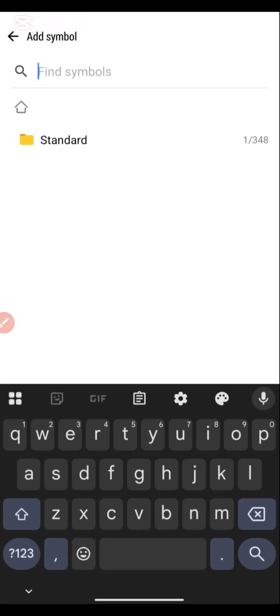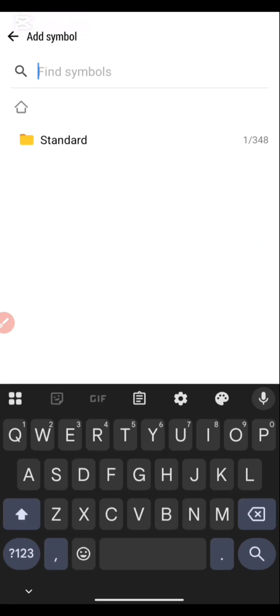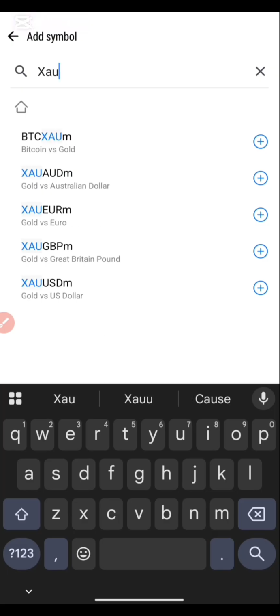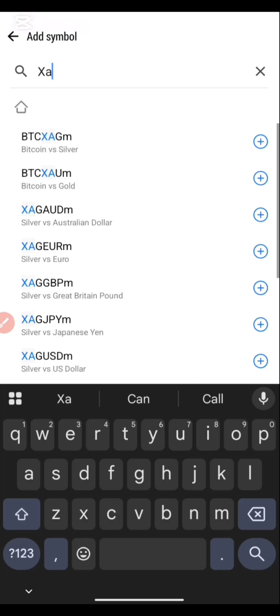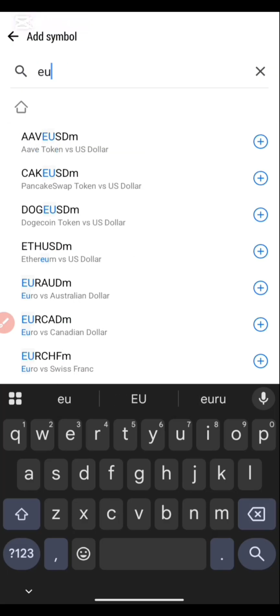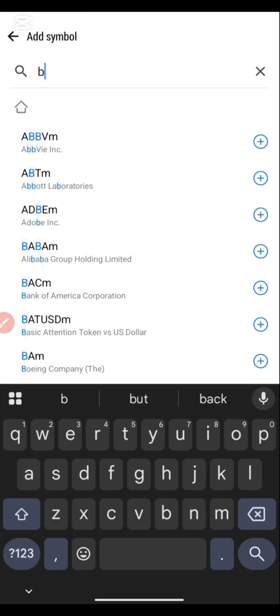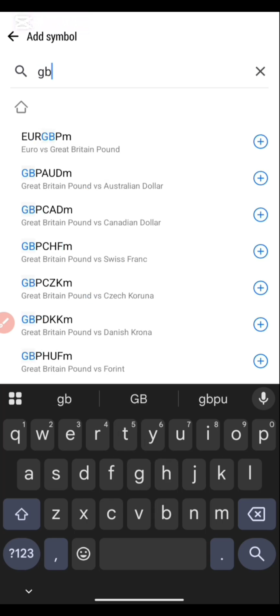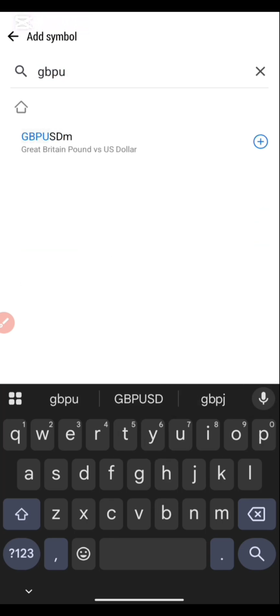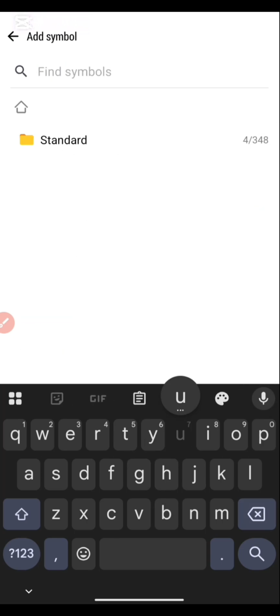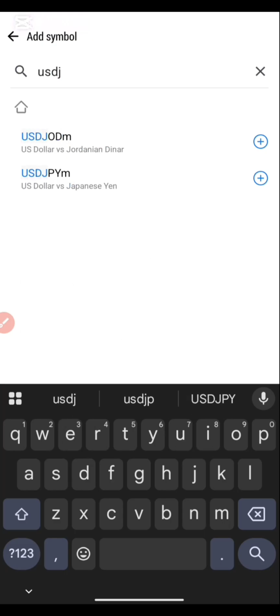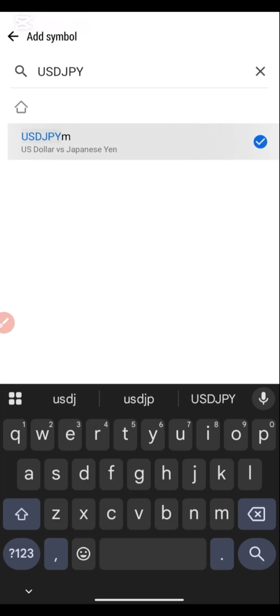In this case, I'll be adding gold first, XAUUSD. Add EURUSD. Add GBPUSD. JPY. So add.